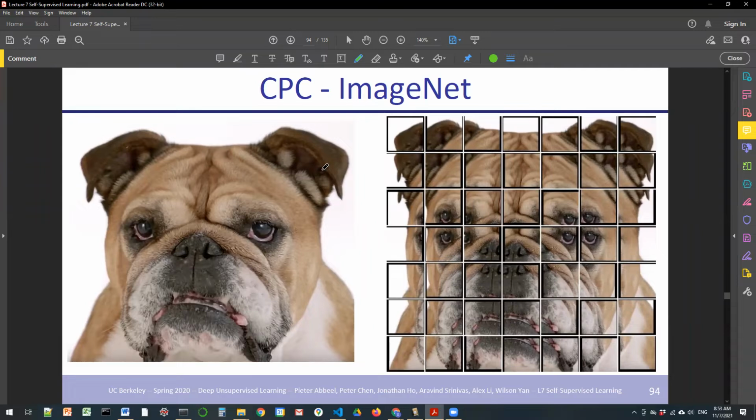The goal of the network in CPC is to learn to predict the correct patch among a lot of negative patches. By doing that repeatedly and using the contrastive loss, the loss of the positive patch should be low with respect to all the negative patches.